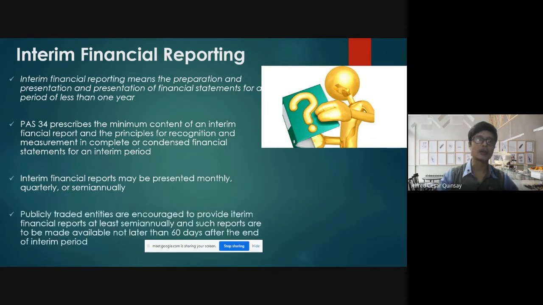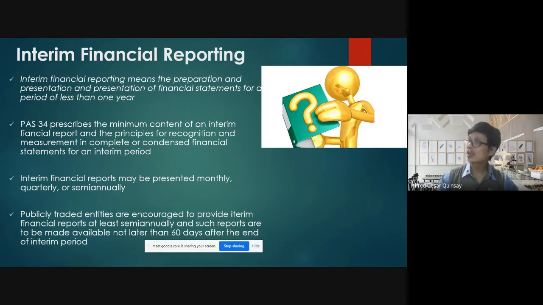However, publicly traded entities are encouraged to provide interim financial reports at least semi-annually, at least twice a year, no? And such reports are to be made available not later than 60 days after the end of the interim period.